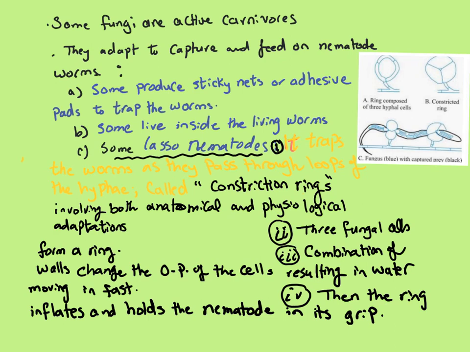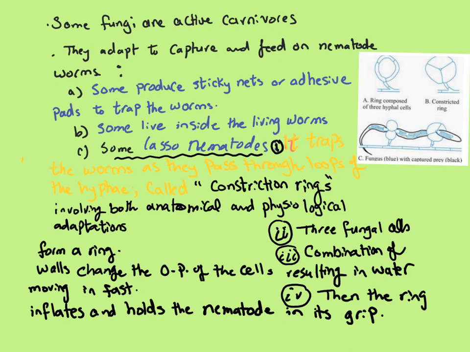Okay, so here we can say that those kinds of fungi trap the worm as they pass through loops of hyphae called constriction rings. These include both anatomical and physiological adaptation. You should be aware of how the nematode has been captured by the fungus.